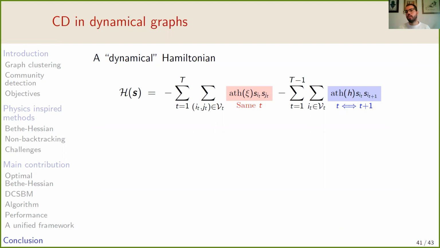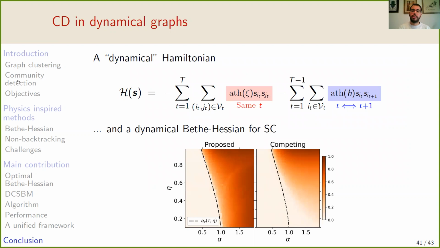And then we have another term in which each spin interacts with its own self at the following time, which is here in blue, and this introduces correlation. So we run the machine from the Hamiltonian, we obtain the beta free energy, we compute the Hessian, and we obtain a dynamical beta Hessian for spectral clustering.